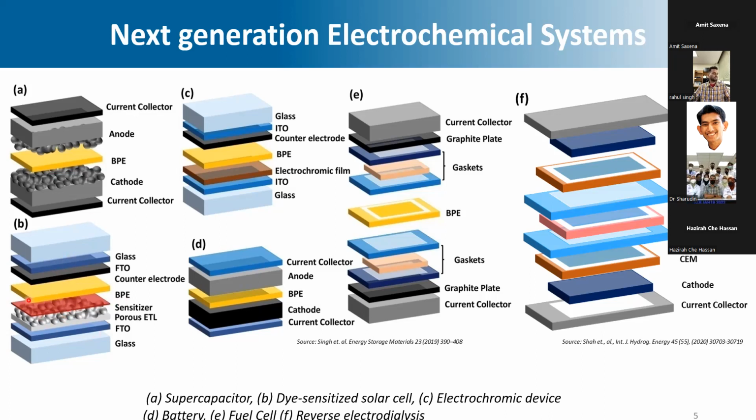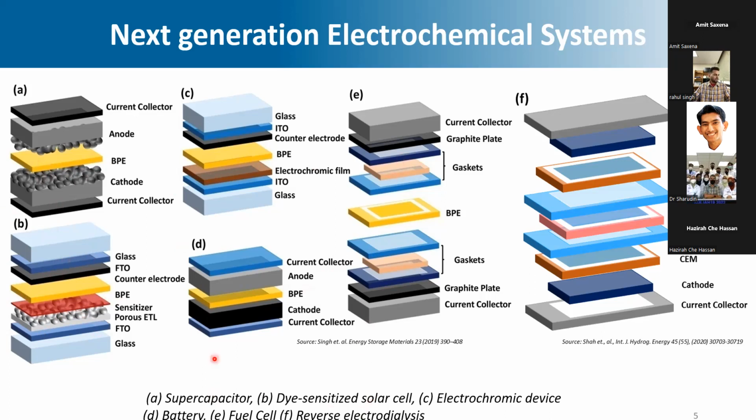When they come back, the hole has to pass through this electrolyte. The yellow portion here is the electrolyte we are talking about, and that can also be replaced by ion conducting membranes, as most other devices work on ion conducting membranes.